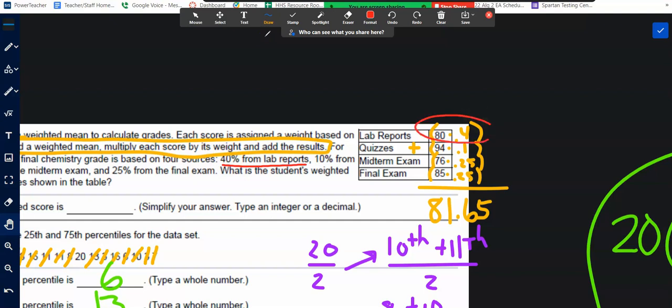Okay, so we multiplied 80 by 0.4. And quizzes are 10%, so you multiply by 0.1, and the other two are each 0.25. So we multiply by 0.25, 25%. And then we add those up. Add them up, and we get 81.65. That's called a weighted average.